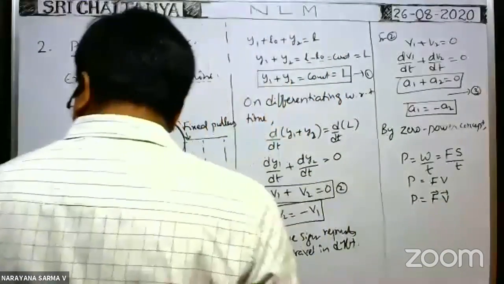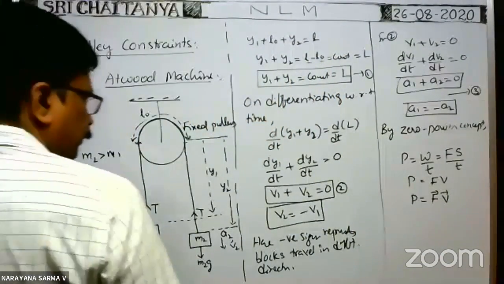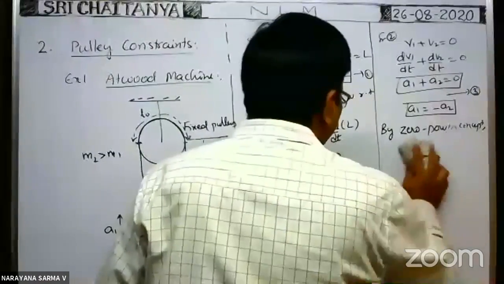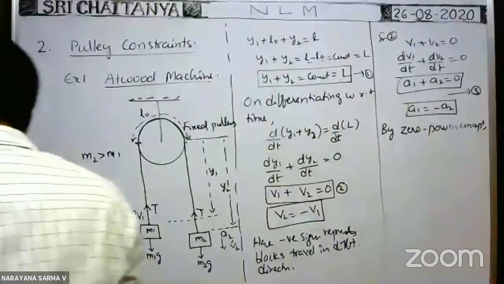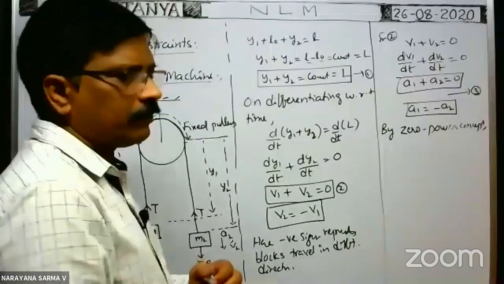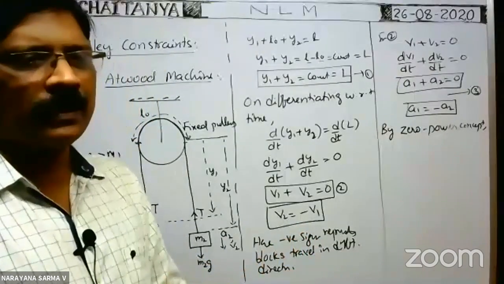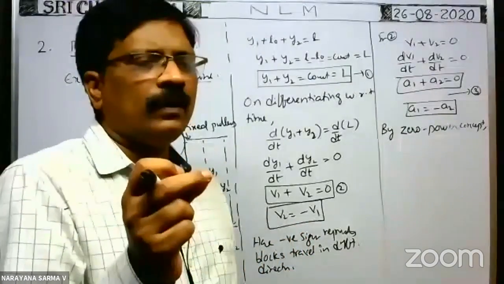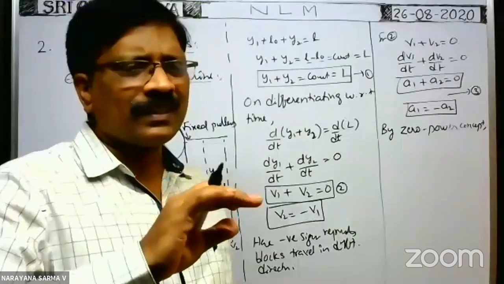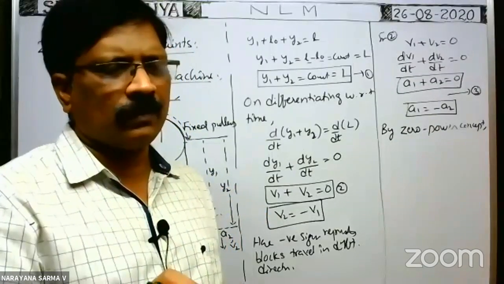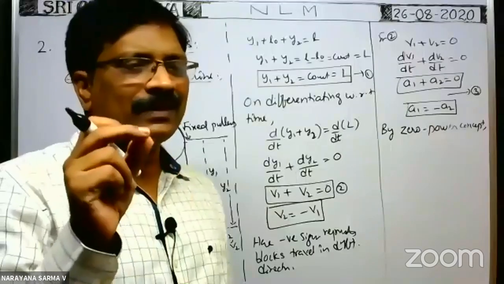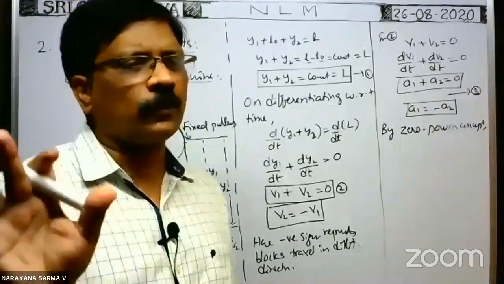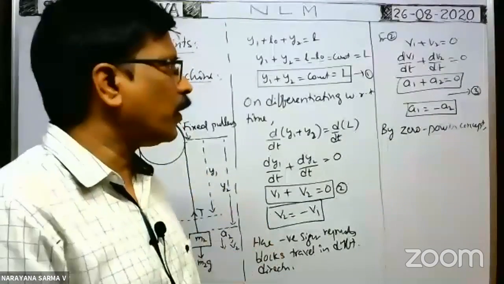Now, by the zero power concept here. Whenever in a system there are different blocks and pulleys, the total power consumed by the tensions in all the strings is equal to 0. That is the zero power concept.